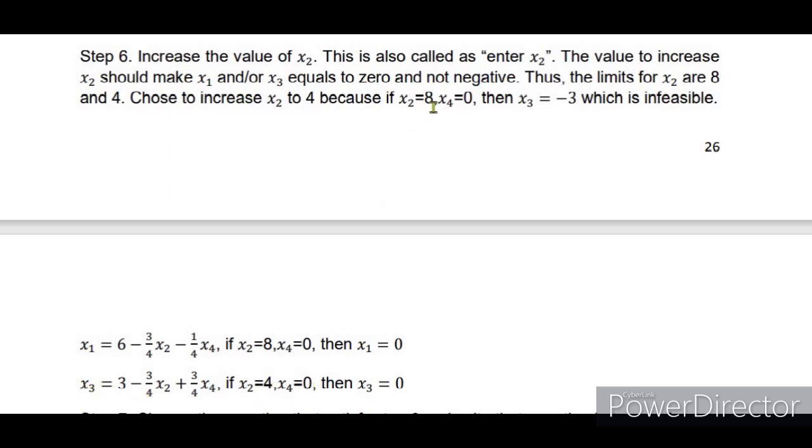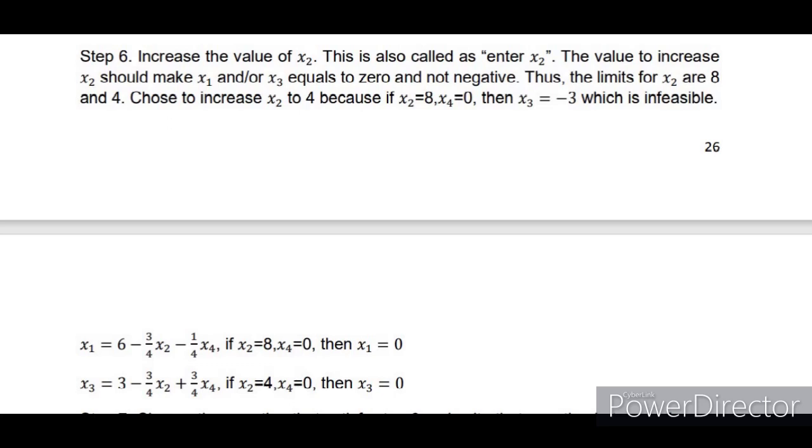So if x sub 2 is equal to 8 here, then with x sub 4 equal to 0, the resulting x sub 3 will be negative 3. So that will be infeasible. So we will choose to increase x sub 2 to 4 because it will not make x sub 1 and x sub 3 negative.